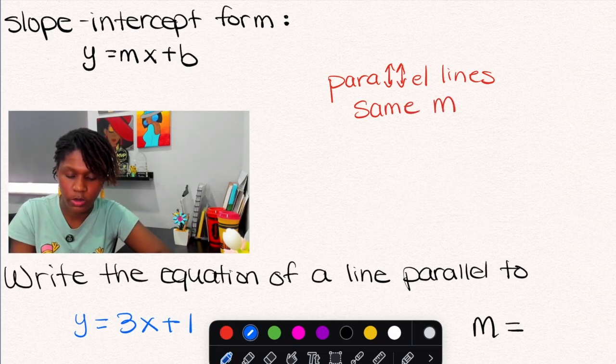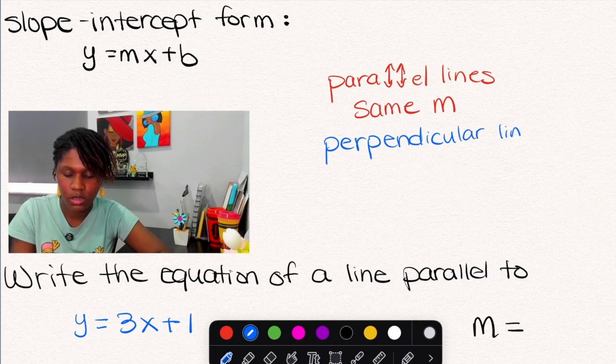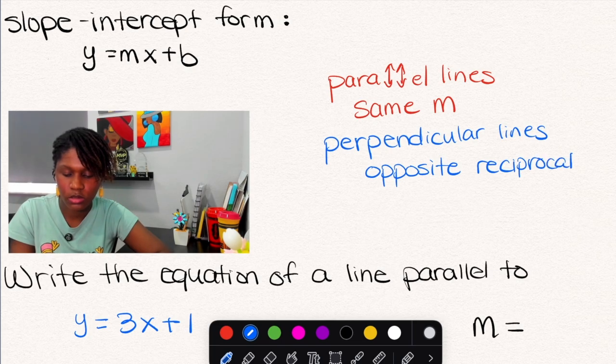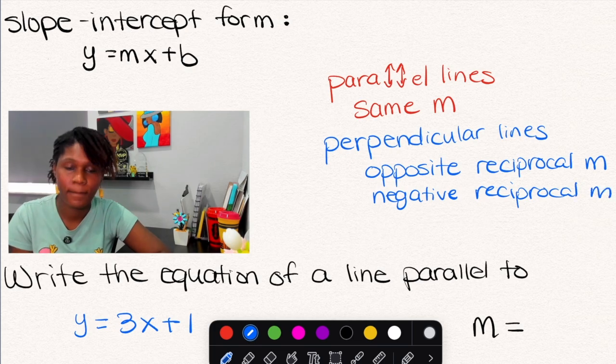And when you are dealing with perpendicular lines, they have an opposite reciprocal or negative reciprocal slope. Don't worry about what a negative reciprocal is just yet. We'll learn about that when we get to perpendicular lines. So let's get started on our first problem.